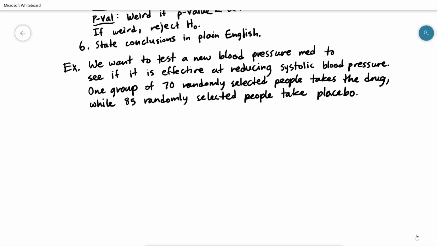The group that takes the drug sees a drop of 16 mmHg, millimeters mercury.